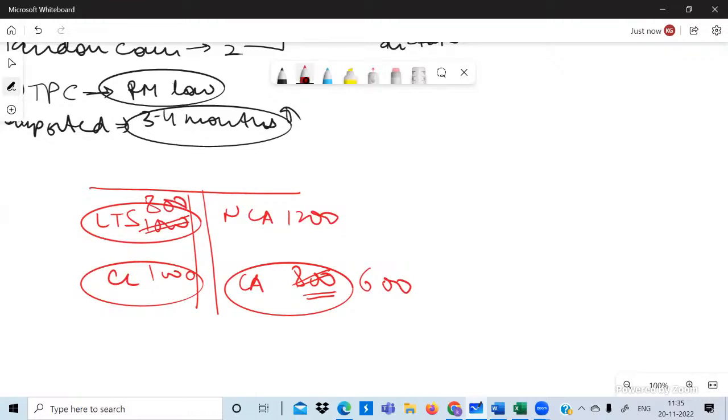Now, things went off well for a few years, but then slowly and steadily, what happened in the 90s, people said, no, scooters is fine, what we need is bikes. We need motorcycles, we don't need scooters. So that's when Splendor and all these things came. And if you look at the late 90s, that time Hero Honda came up with a product which was CBZ.